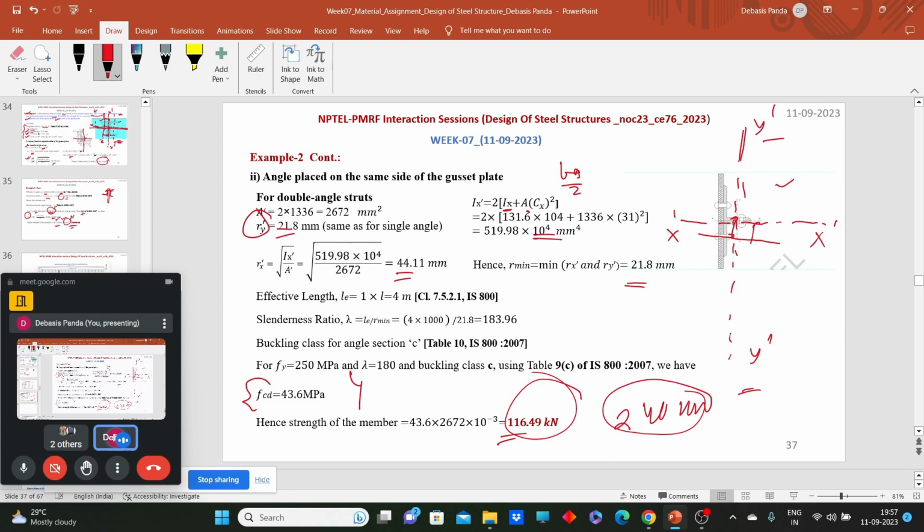So the point is, when we use two angle sections as a strut on the opposite side, the load carrying capacity or strength of the strut will be more. By this way, we can calculate the strength of a double angle strut when they are placed opposite and back to back on the gusset plate.